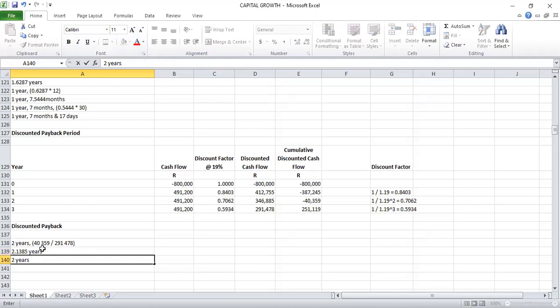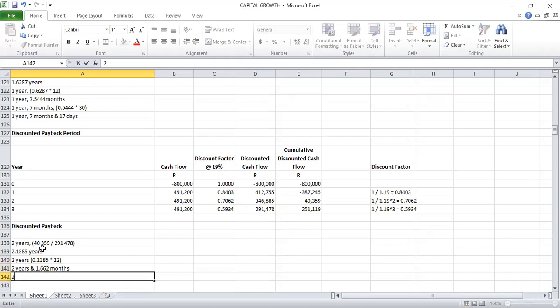If they want it in months, you just say 0.1385 multiplied by 12. We'll get 2 years and 1.62662 months.